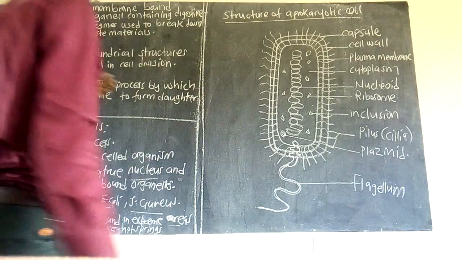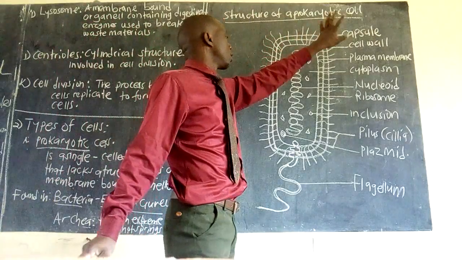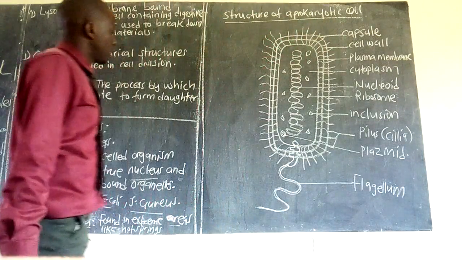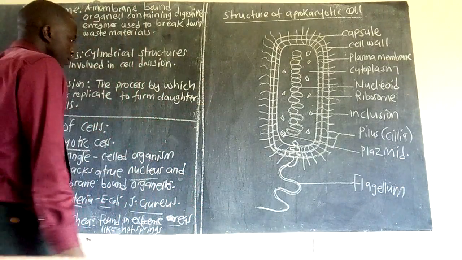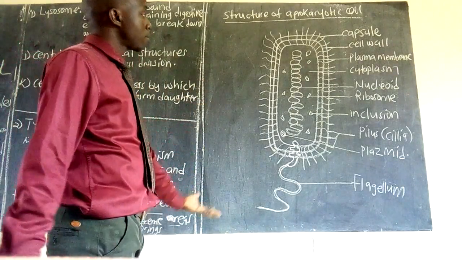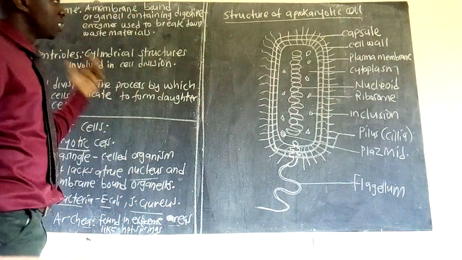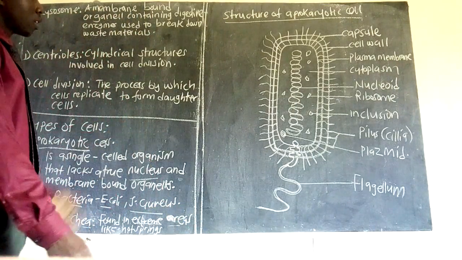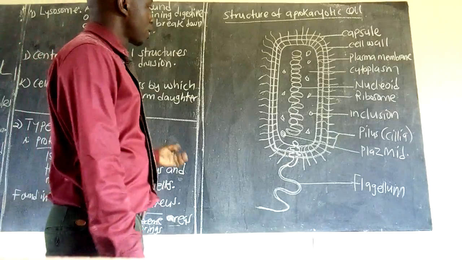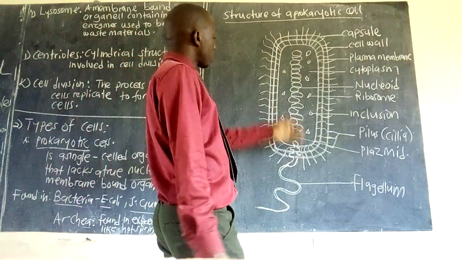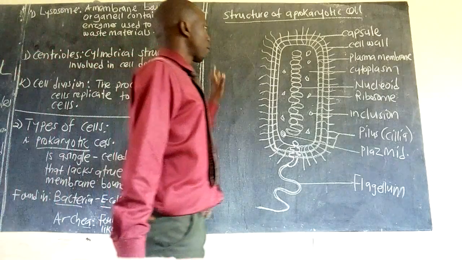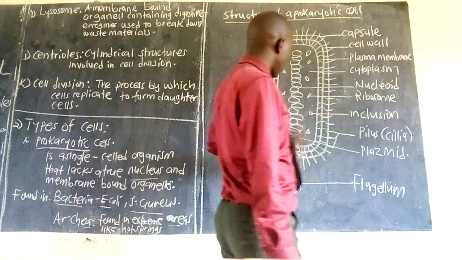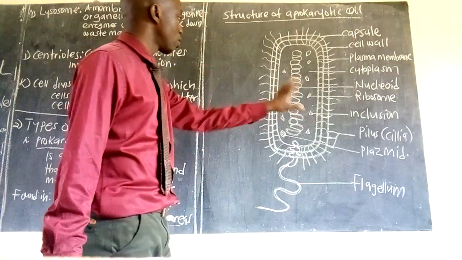So here now we look at the structure of a prokaryotic cell. Like we said, it is single-celled, it lacks a true nucleus, it has a plasma membrane, it has a cell wall, it has a capsule, it has a cytoplasm, it has a linear DNA, it has a flagellum. So this is how a prokaryotic cell looks.